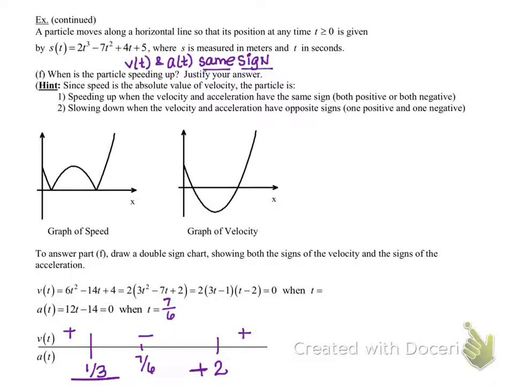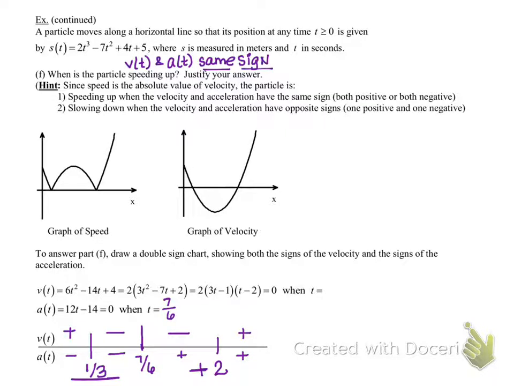So when do they have the same signs? Let's split things up a bit so we can see it more clearly. Acceleration is negative, negative, positive, positive. Where do they match?